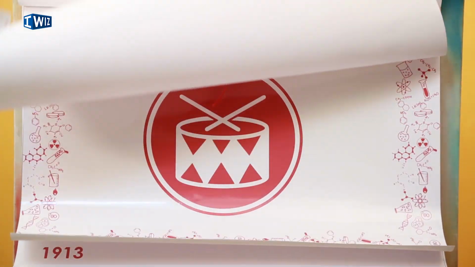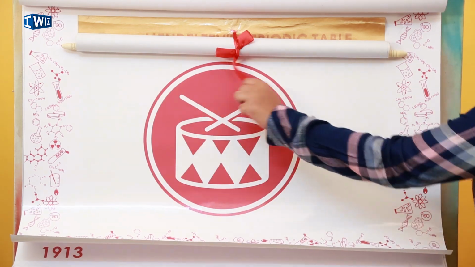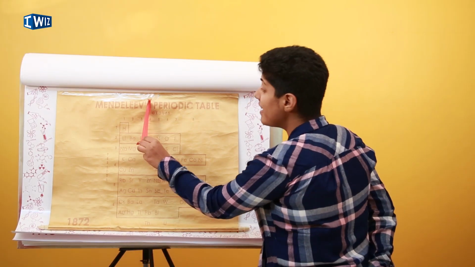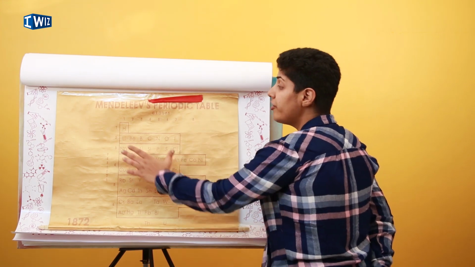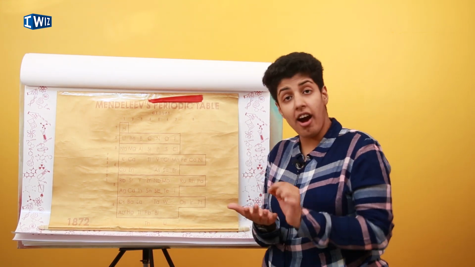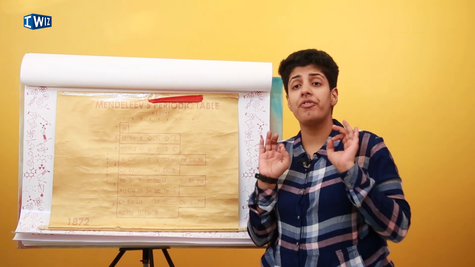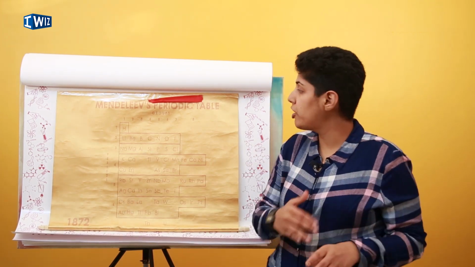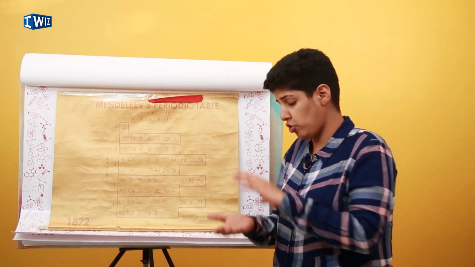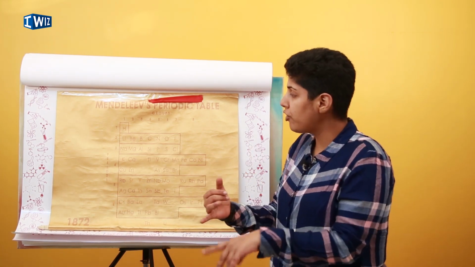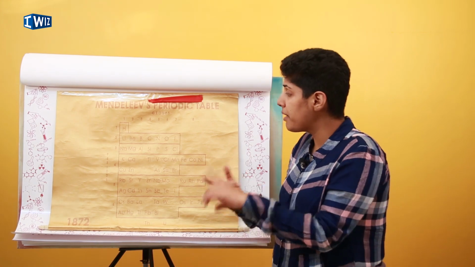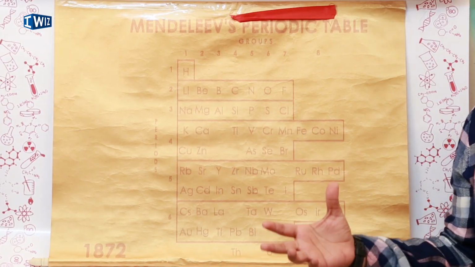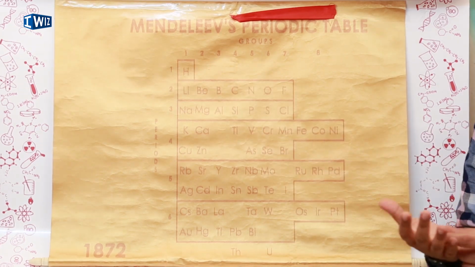So the next guy we have is Mendeleev. Now let's see what Mendeleev did. Okay, he took cards and he wrote down the properties of each and every element. He arranged them by atomic mass, by an increasing order of atomic mass. So he had a stack of cards which went like hydrogen, then lithium, then beryllium, then boron. Okay, now let's say he started with lithium. It's an easier place to start with than hydrogen, so we start with lithium.